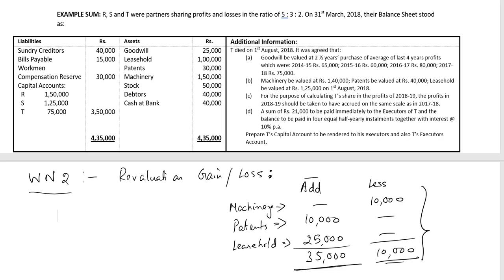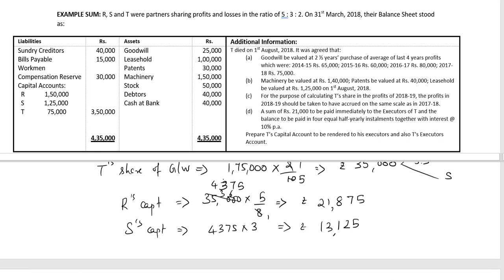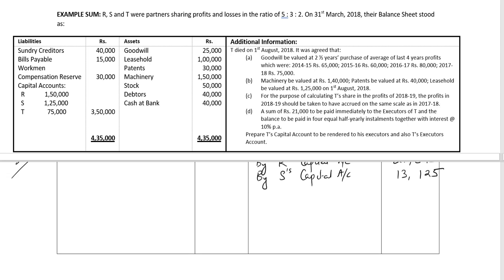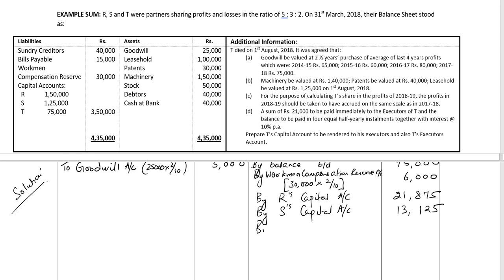So there's a gain of rupees 25,000. So let's transfer T's share of gain to T's capital account by revaluation account. 25,000 multiplied by T's share in profits, which is 2 by 10, comes up to rupees 5,000.